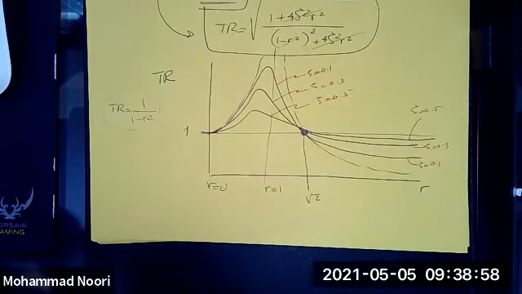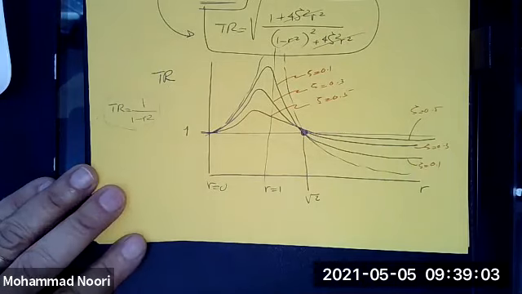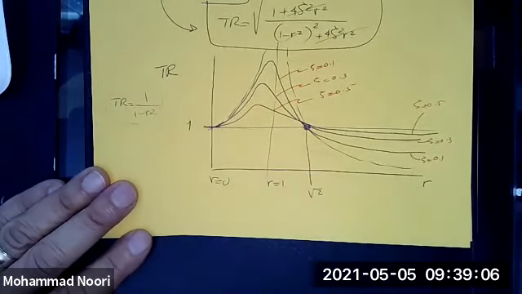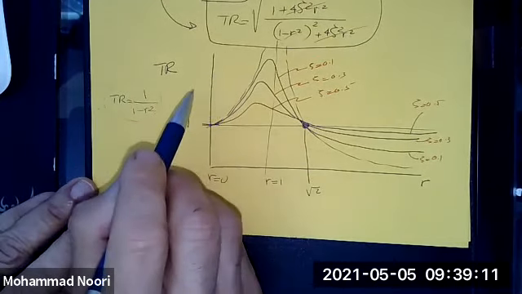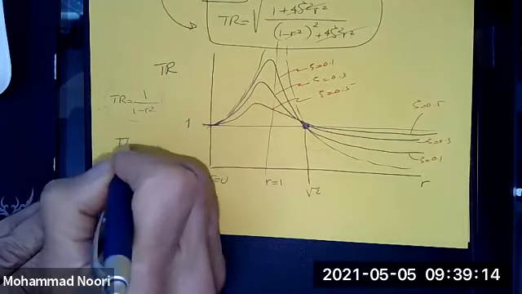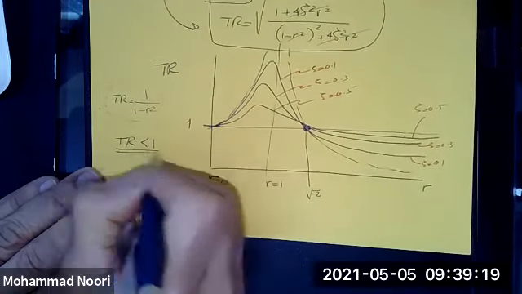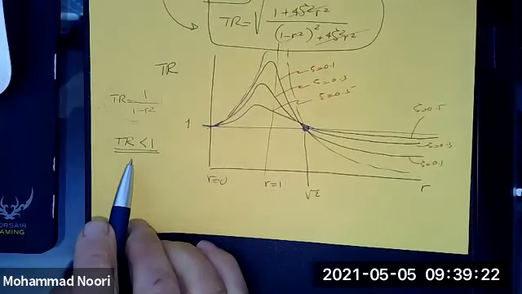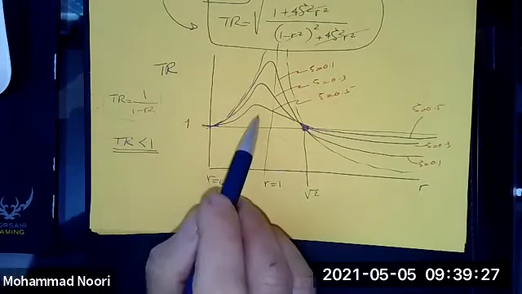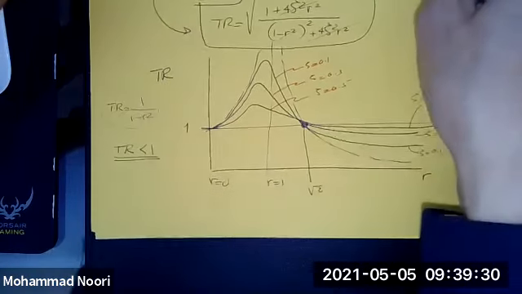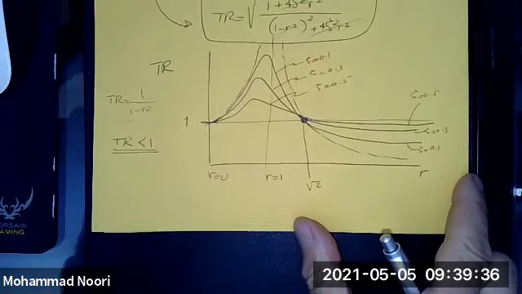And of course, if zeta increases further, you'll see that these all fall below this line. But let's focus on this plot. The goal is for vibration isolation, as I said, we want to keep the transmissibility ratio less than 1 because we want to make sure that the force transmitted to the system is less than the maximum force value of the force applied, and be as little as possible.